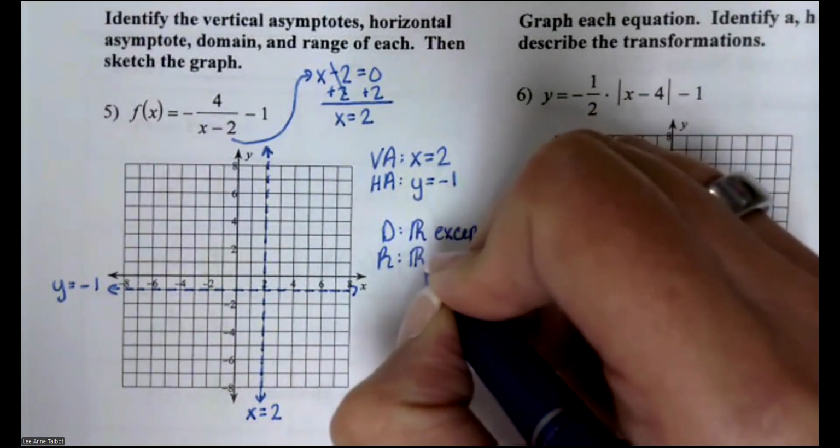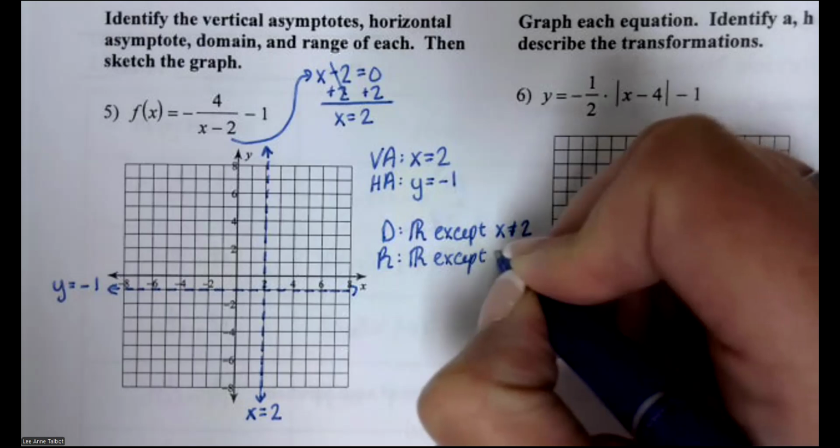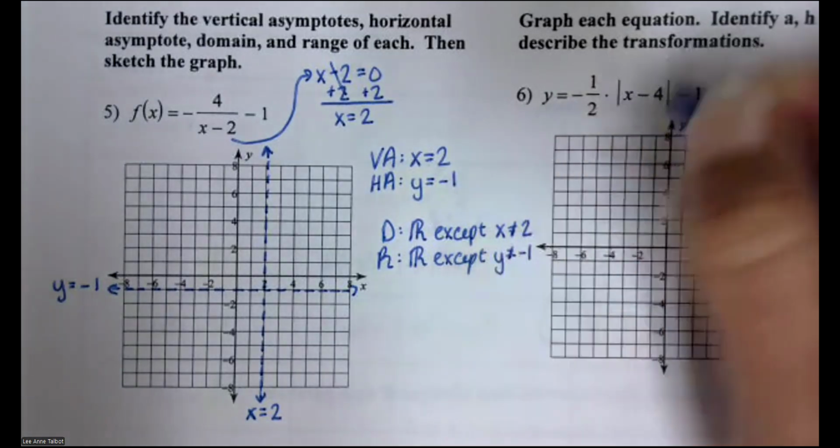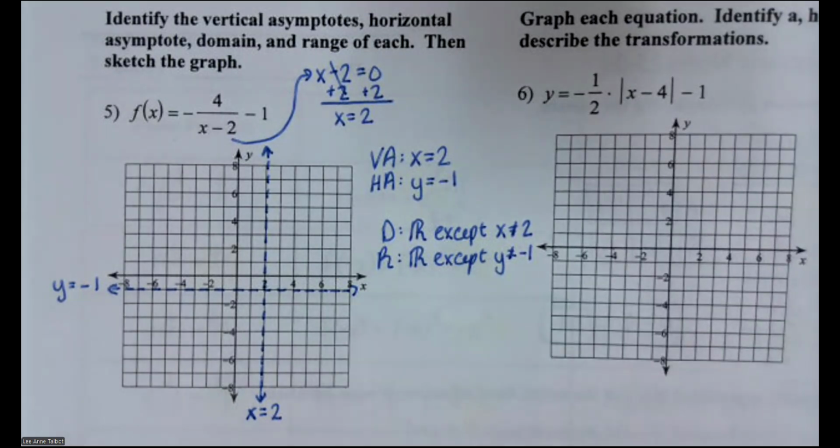The range is everything except y can't equal -1. And that's also because of the divide by 0 thing, because that's what you would get with the dividing by 0 for the y.